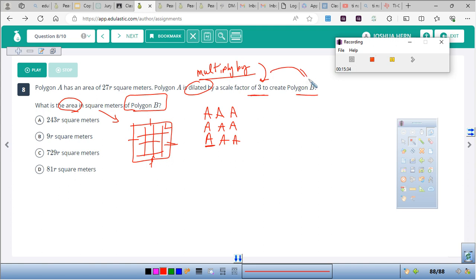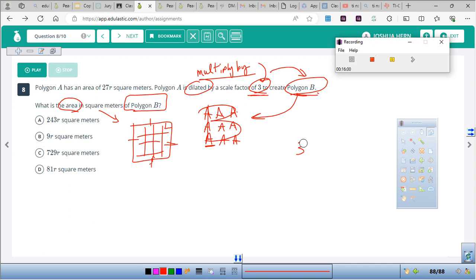Well, that's going to create B. So B basically is now all of this together. How many A's make up the B? 1, 2, 3, 4, 5, 6, 7, 8, 9. Because of this one here, we're going to have 3 times an area.